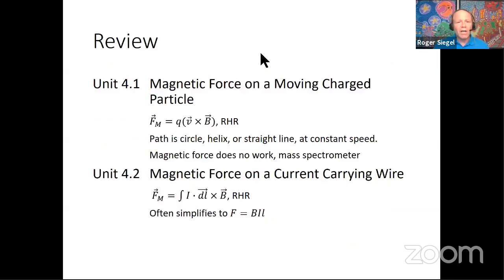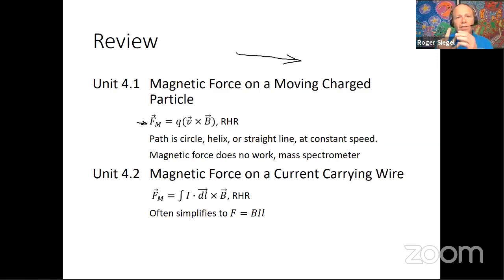First, I want to review the first 2 days that we've been here. Wednesday night, unit 4.1, was magnetic force on a moving charge. A charge moves through some kind of magnetic field, and the force on that charge is given by Q times V cross B. A cross product gives us the right-hand rule. We found that a charged particle moving through a magnetic field has 3 different possibilities for its path.